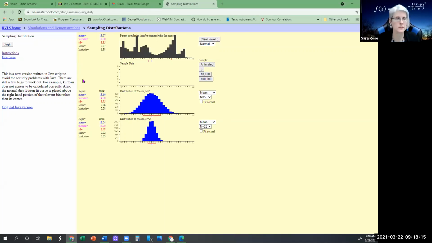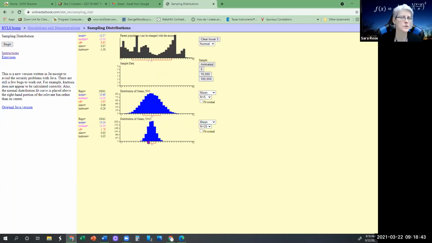They look bell-shaped. Okay, but if you look, the mean of the original distribution was 13.57. The mean of this sampling distribution was 13.60, and the mean of this one is 13.54. So both of the means are approaching the population mean, but look at the difference in the standard deviation.